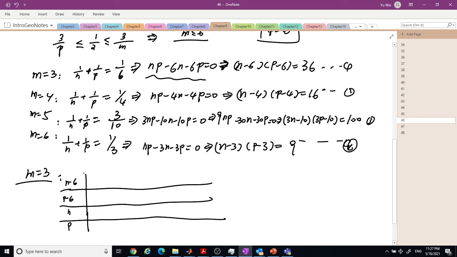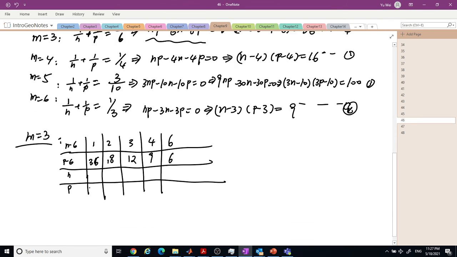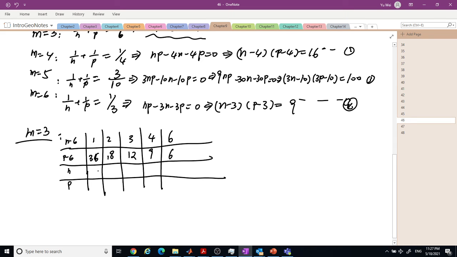Starting with n is 1 and p is 36, then n is 2 and 18, then 3 and 12, then 4 and 9, then 6 and 6. Solving for n and p: 7 and 42, 8, 9, 10, 12.